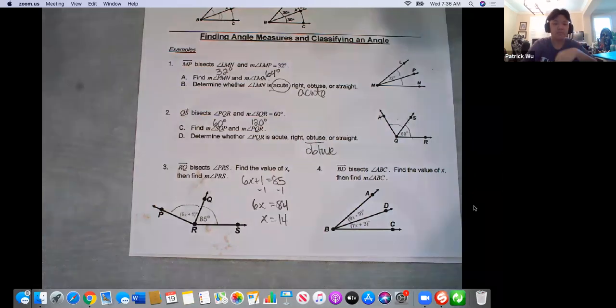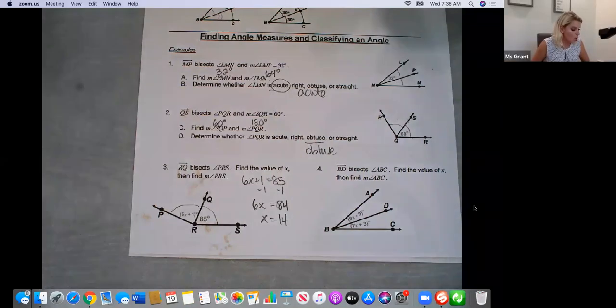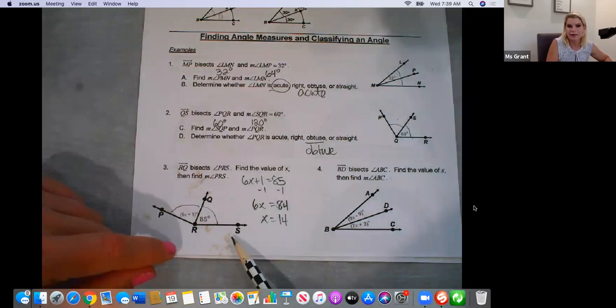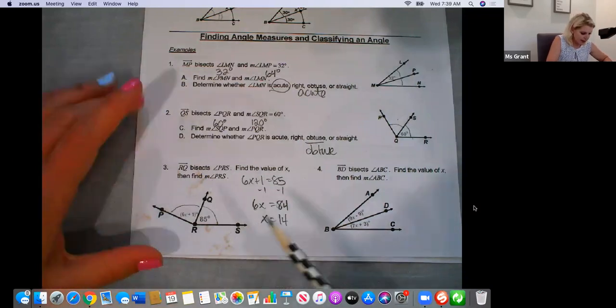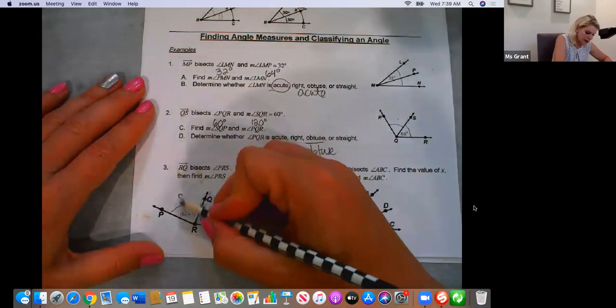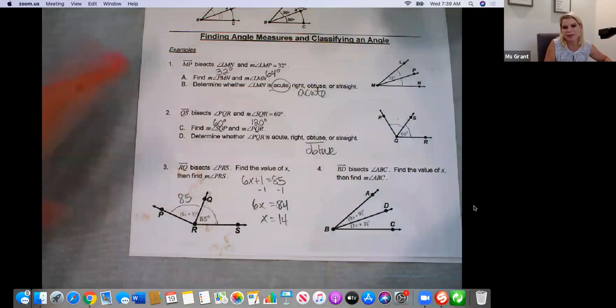Then I just care about PRS, the whole thing. And you know what's funny about this is that you guys check this out. I don't want you to plug in 14 into anything. If I know that this is the bisector and this side's 85, this side also has to be 85. So just do 85 plus 85, please.